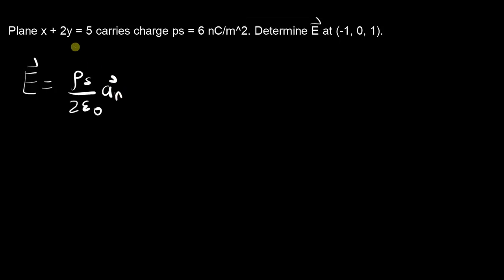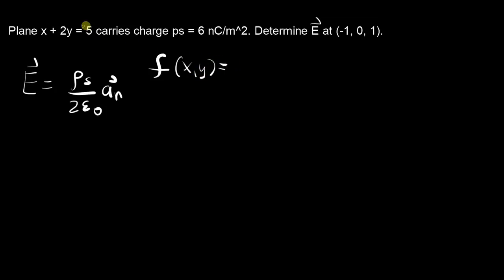So if you're given a plane described by two variables, how do you find an here? Well, as a reminder from calculus before, you can find the normal using the gradient of the function over the magnitude of the gradient of the function. So first you have to arrange this equation of the plane in terms of x and y.